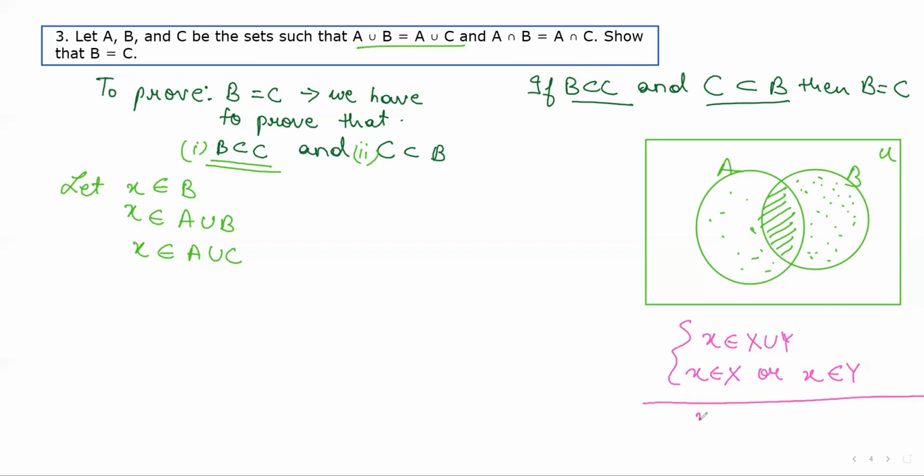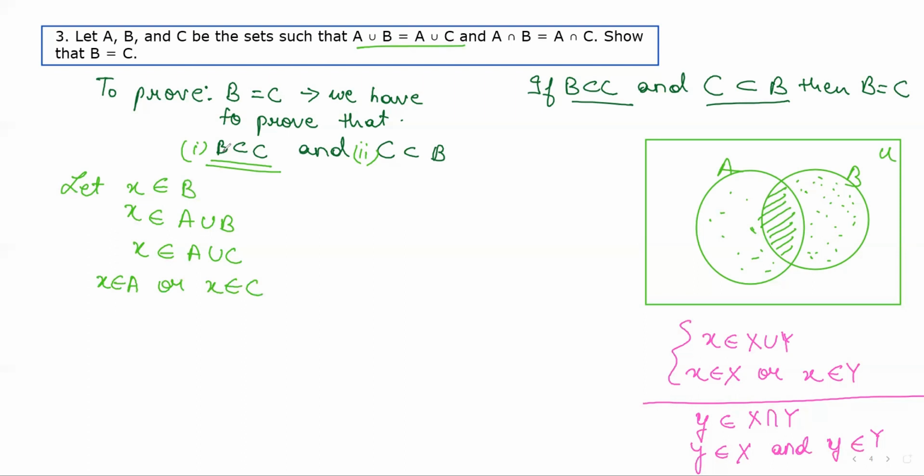Similarly, for further reference, if you have an element X which belongs to X intersection Y, then it is referred to as X belongs to capital X and X belongs to capital Y. This would be your understanding of intersection and union as far as proofs are concerned, and this is how we express it in words. So here we'll express this in words: X belongs to A or X belongs to C.